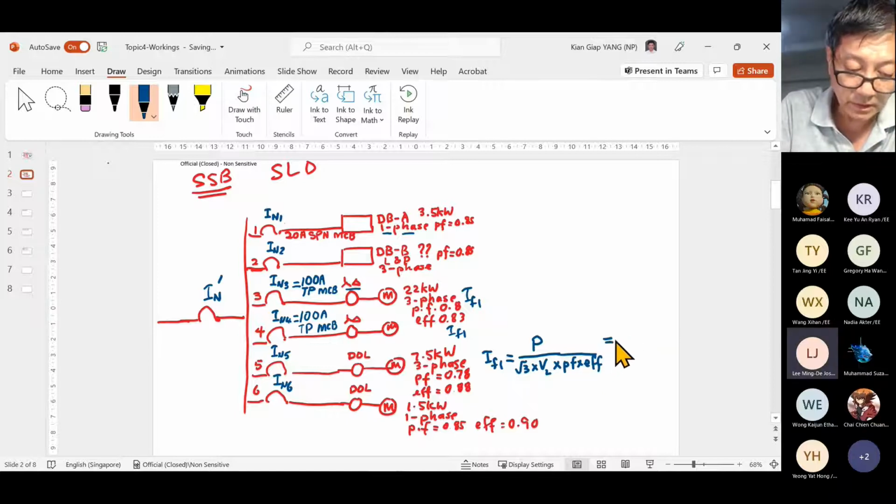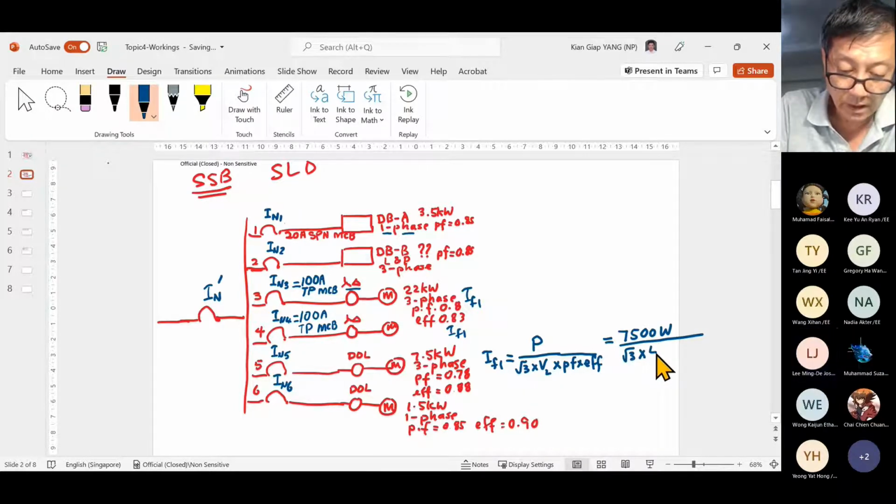Then put in the value: 7500 watt divided by root 3, times VL, 400 volt, multiplied by 0.78, multiplied by 0.88.